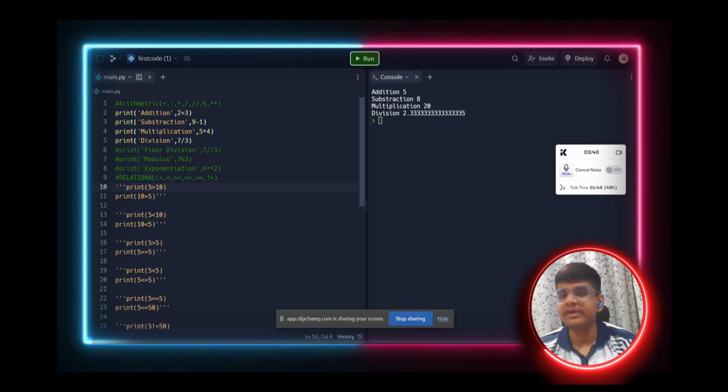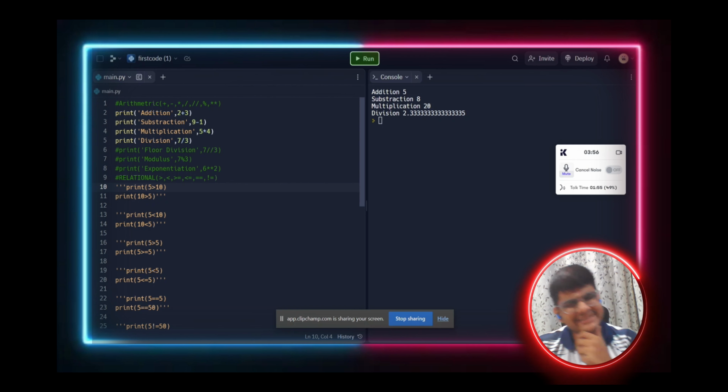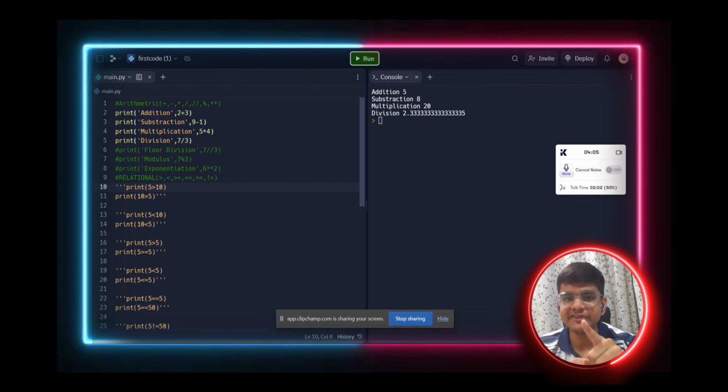Then, when we do division, generally we are interested in the quotient. So when we divide 7 by 3 using the division operator, we get the actual quotient. But sometimes I want the quotient only in the integer data type, because this is a float data type.